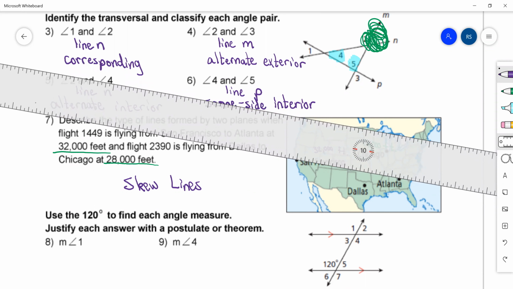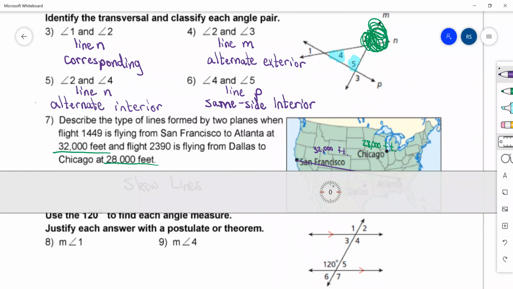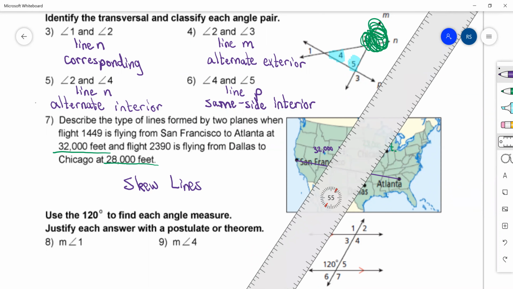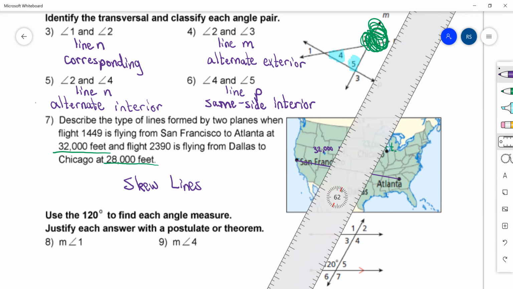So this one is going straight from Atlanta to San Fran. This other one is going straight from Dallas to Chicago.